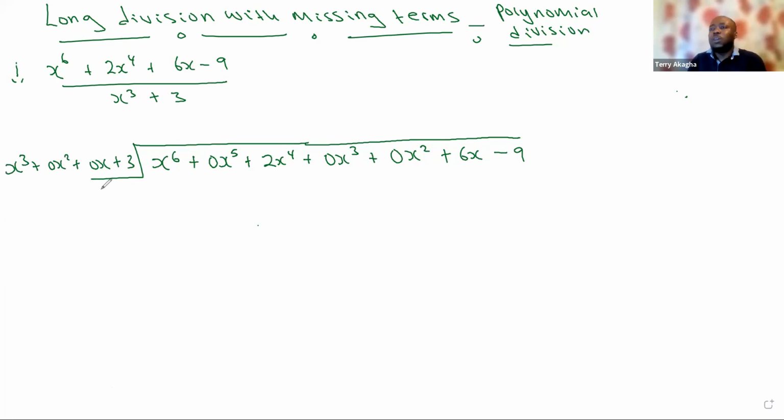You start dividing like I explained earlier. You use only the first term to divide, the same principle. You won't do anything more than that.